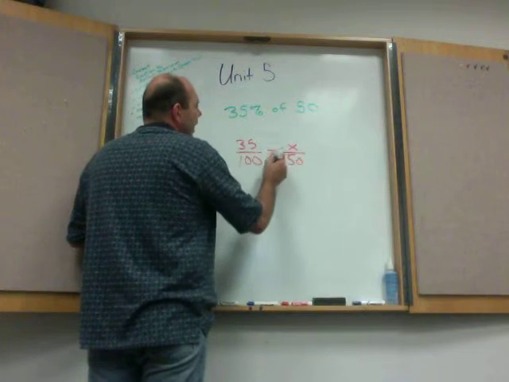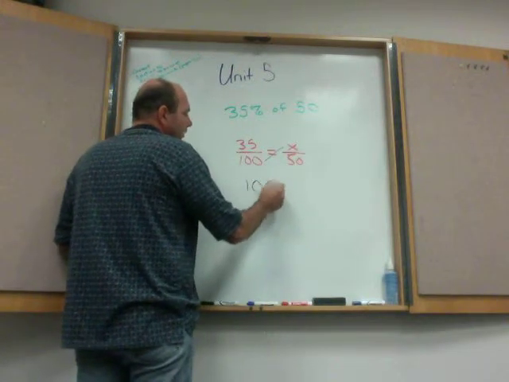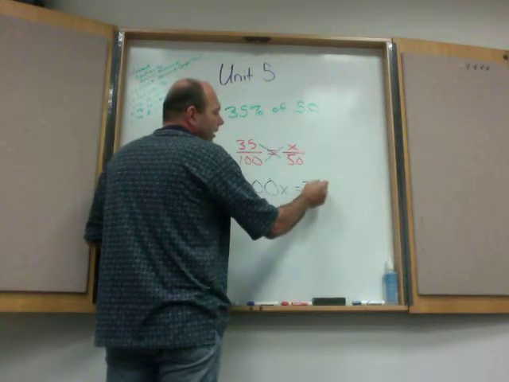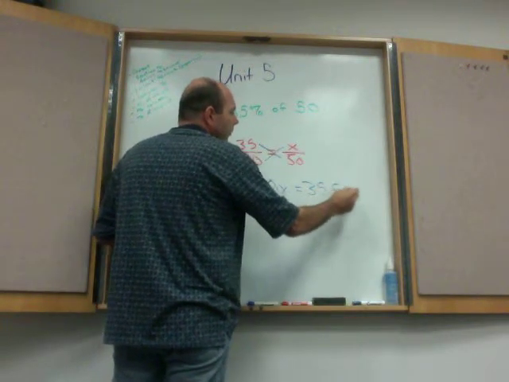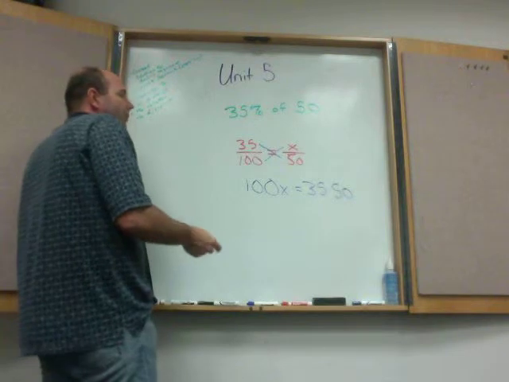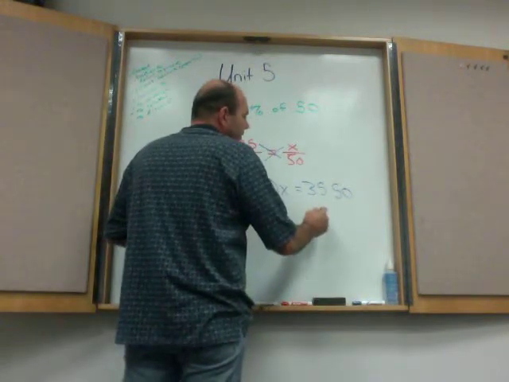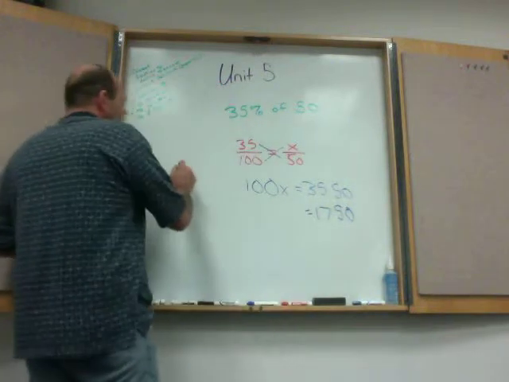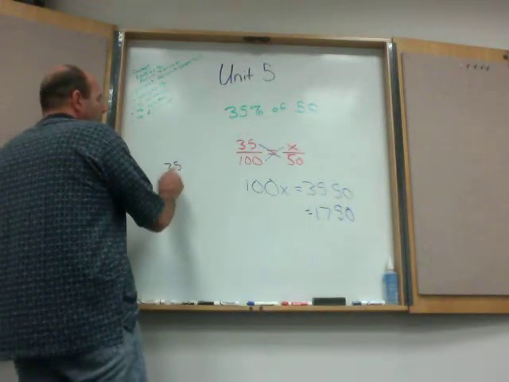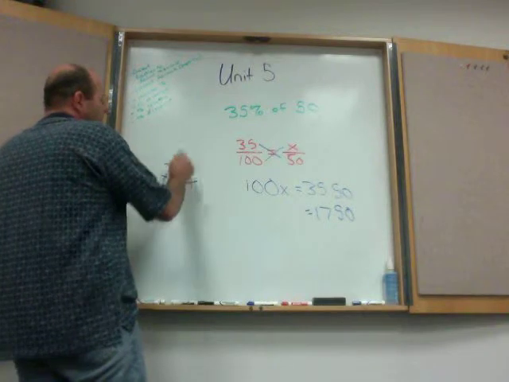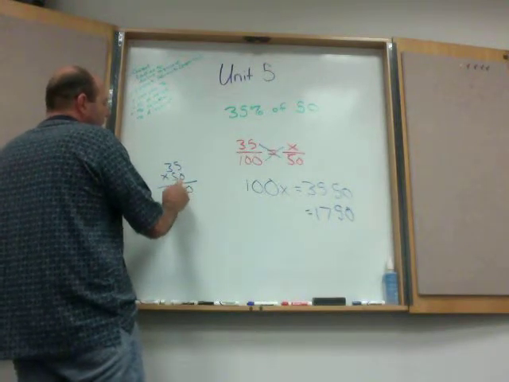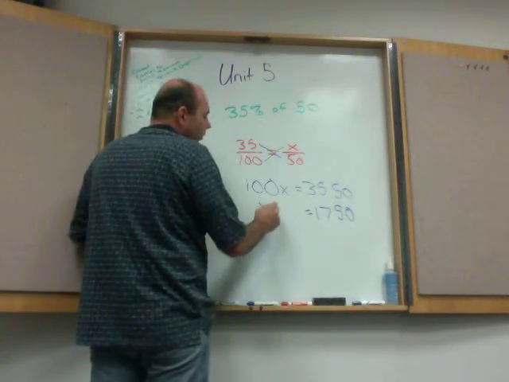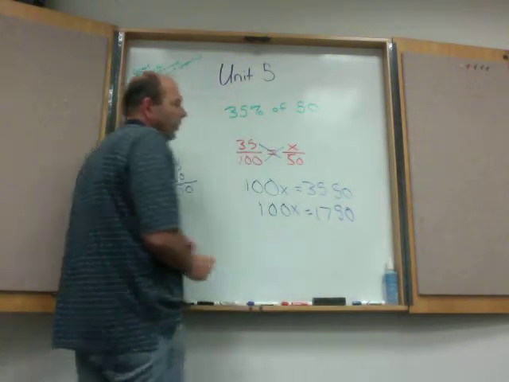So I'll go ahead and say 100 times x, or 100x, is equal to 35 times 50. And 35 times 50 is 1,750, if I'm not mistaken. I'll double check over here. Let's see, I've got a 0, I've got 5, carry a 2, 15, 17, 50, yes. So 100x would be equal to 1750.